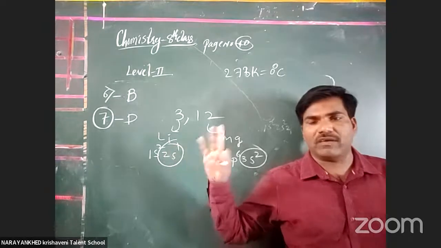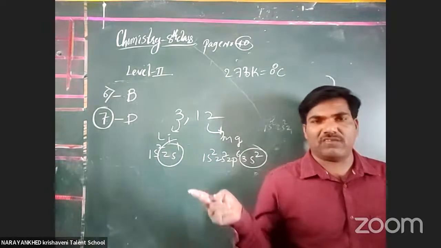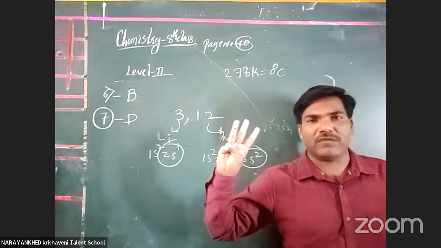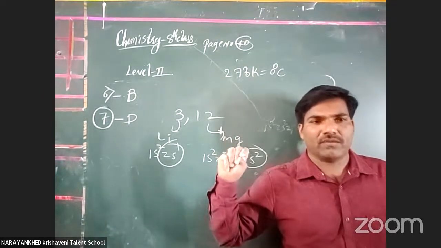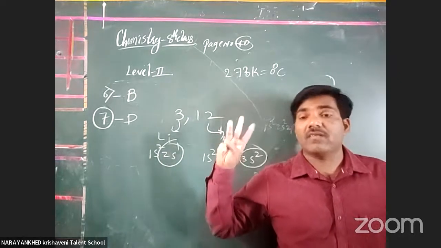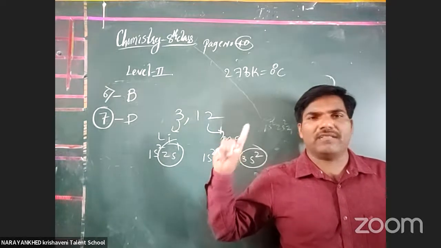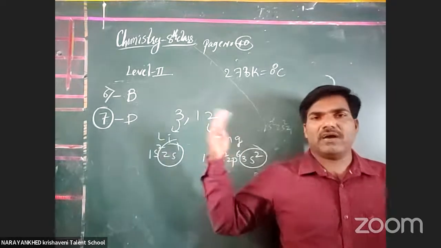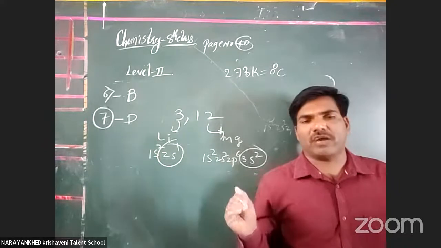You know very well the difference between the SI system and the MKS system. In the MKS system, there are only 3 fundamental physical quantities: length, mass, and time. But in the SI system, we adopted more fundamental physical quantities.